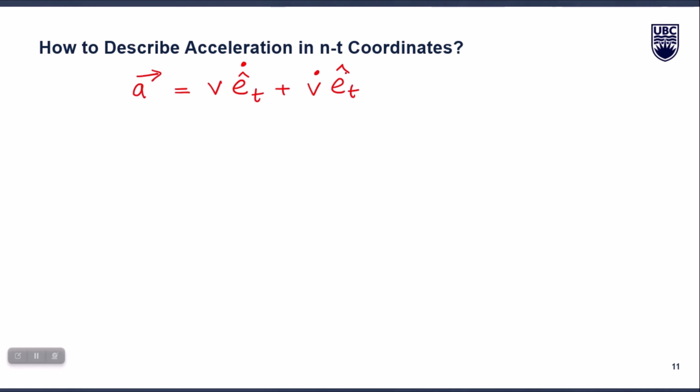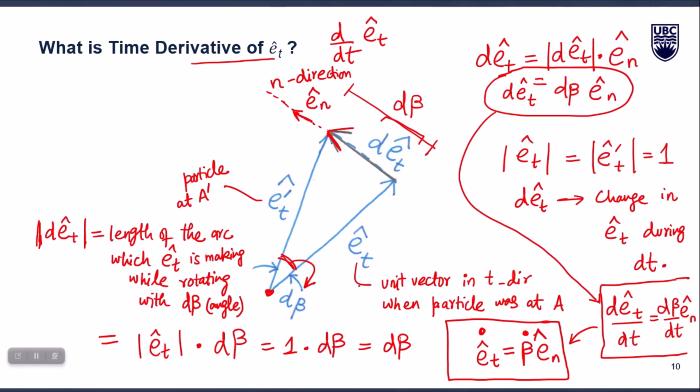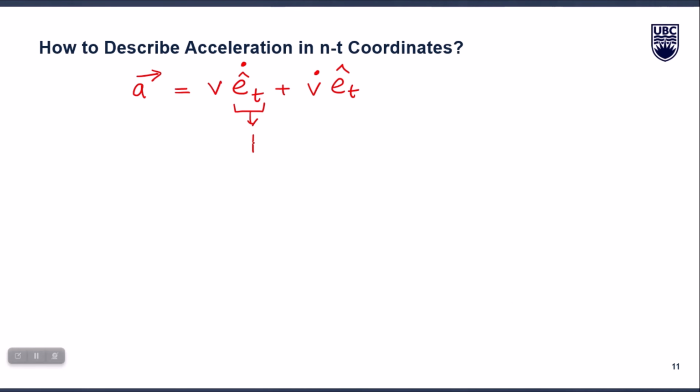I can put this quantity as, if I go back, it is beta dot times e sub n. So the final equation will become v beta dot times e sub n plus v dot e sub t, right?